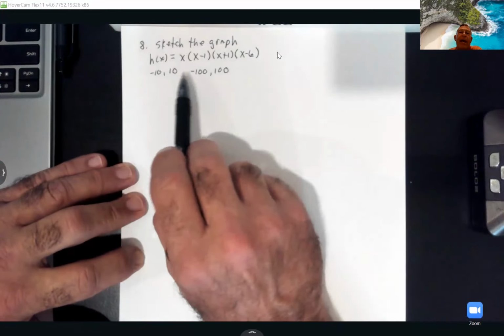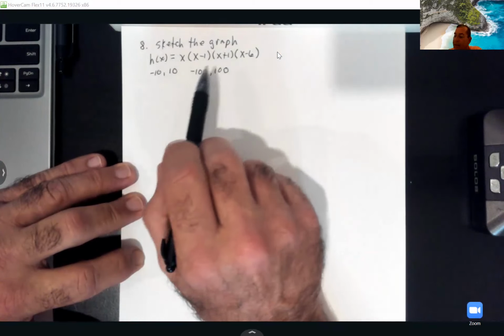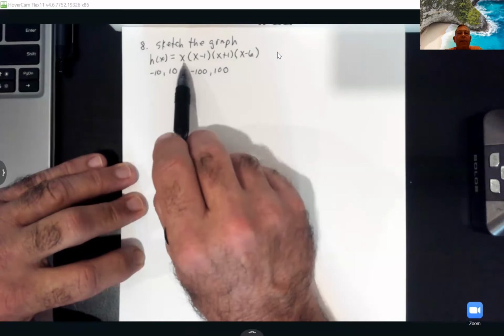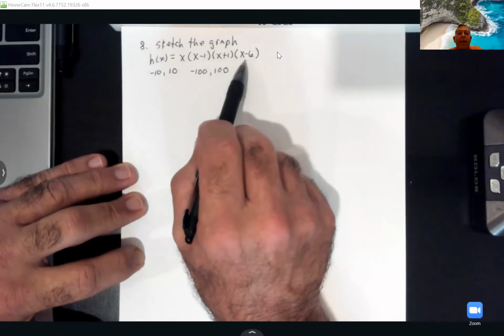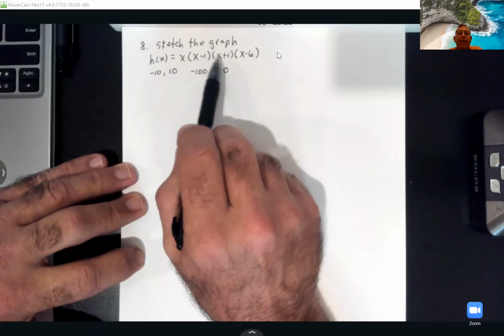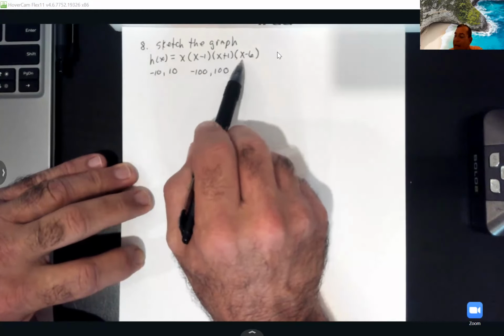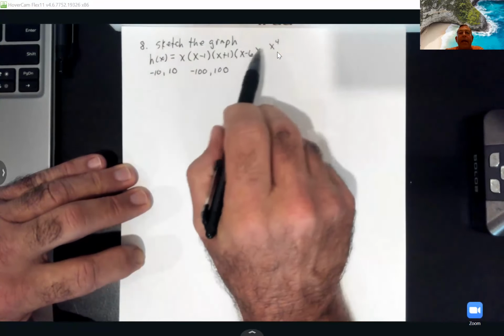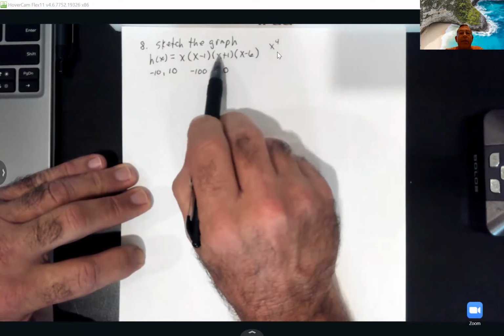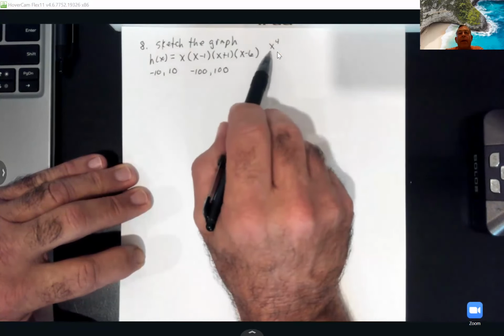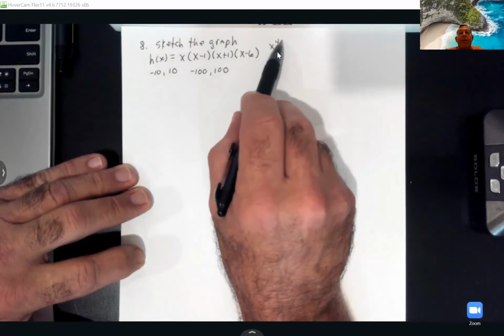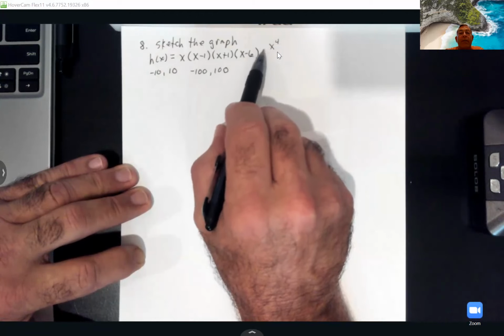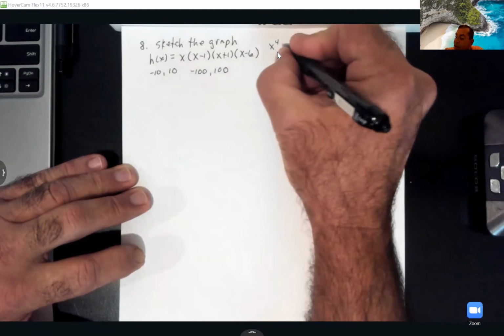Now let's just get an idea of what we think this will look like. If you multiply all these 4 x's together, x times x times x times x, that's going to give us the x to the 4th, and it's positive because all these x's are positive. So you would have an even degree with a positive lead coefficient.